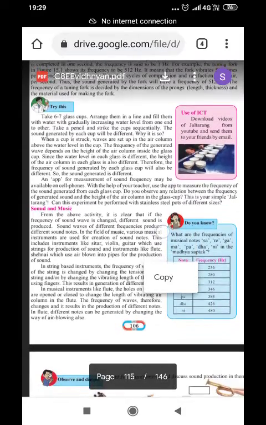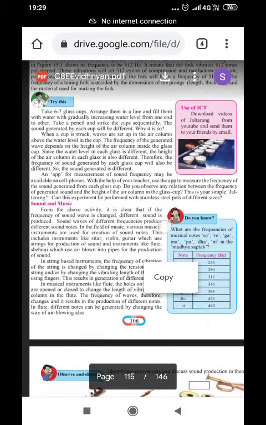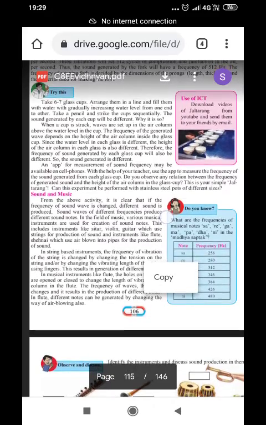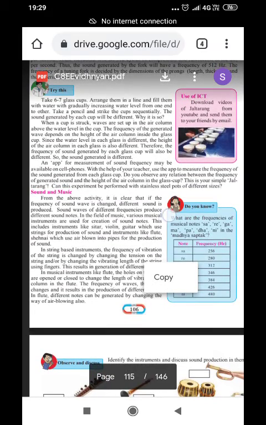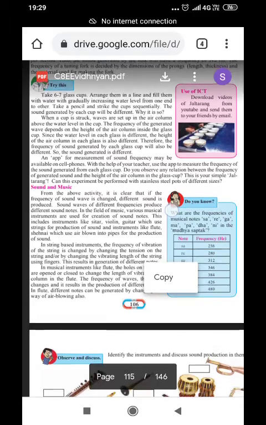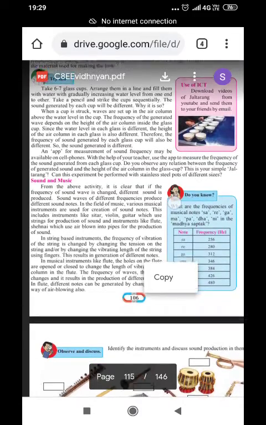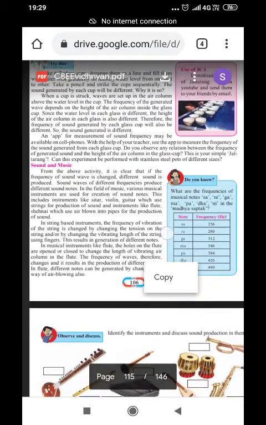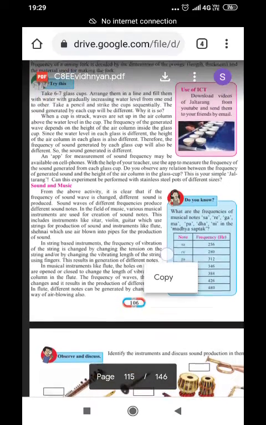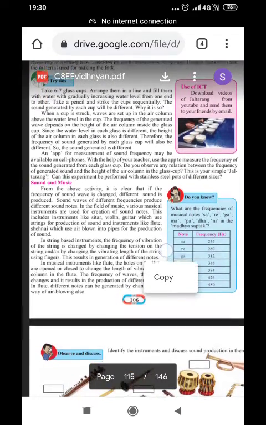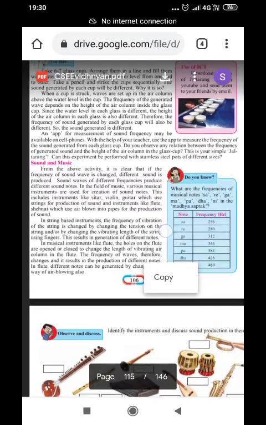It means that the fork vibrates 512 times per second. This vibration will produce 512 cycles of compression and rarefaction in the air per second. Thus, the sound generated by the fork will have a frequency of 512 hertz.